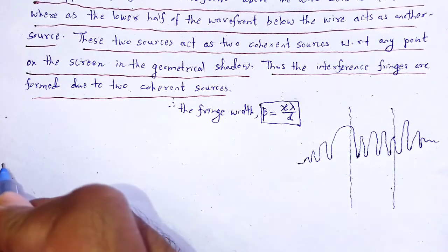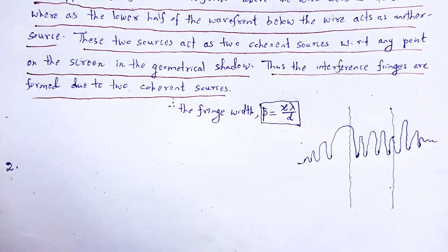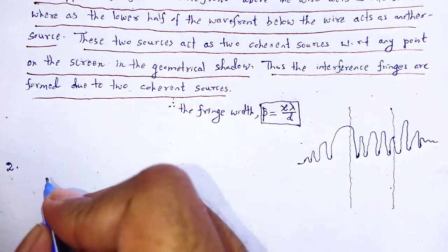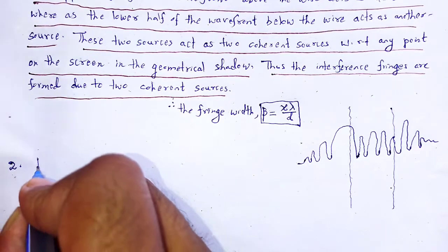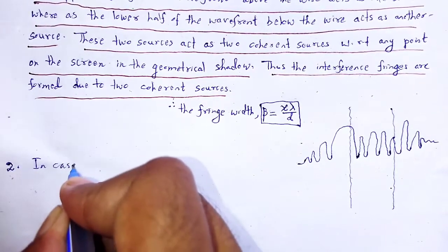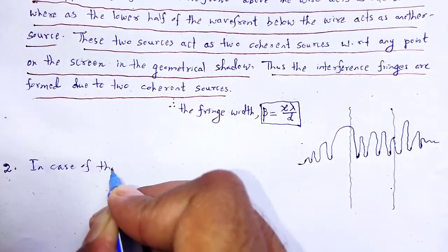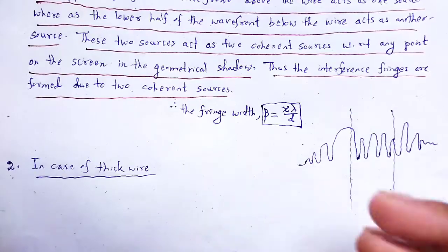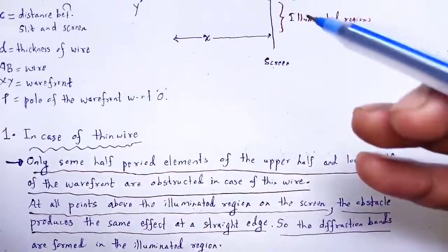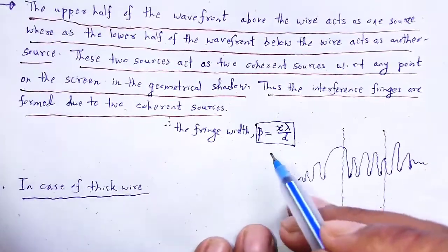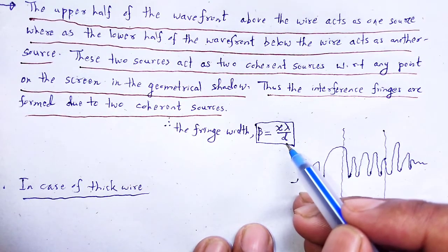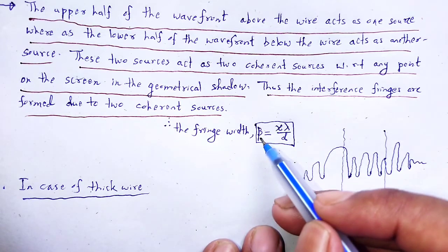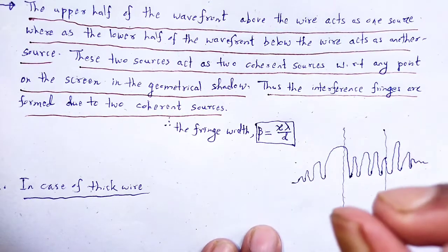Another case, case number 2, is what we have seen in case of a thick wire. According to the fringe width concept, if d is very large, the fringe width will be minimum.